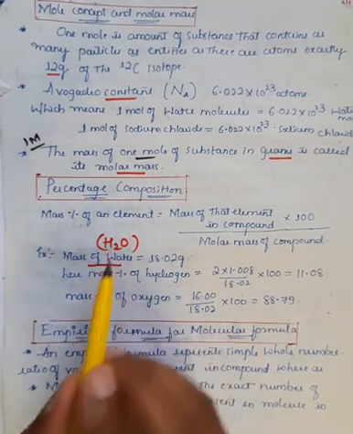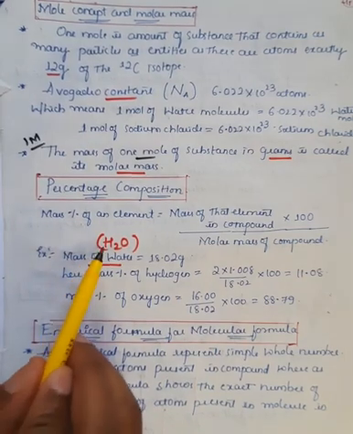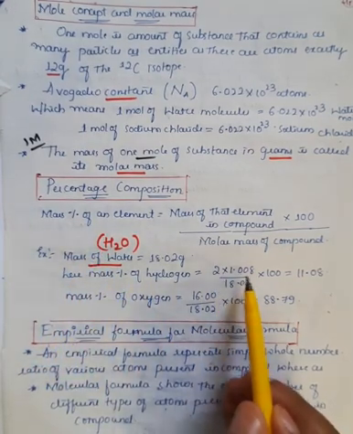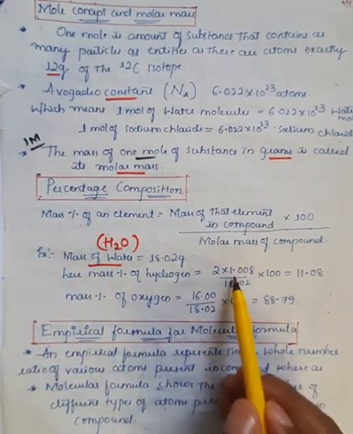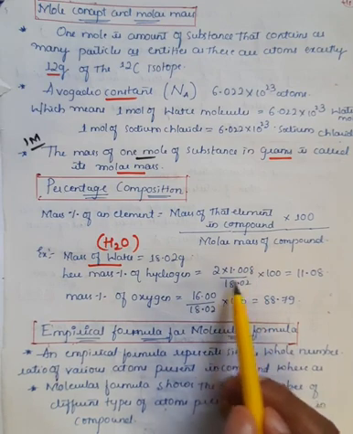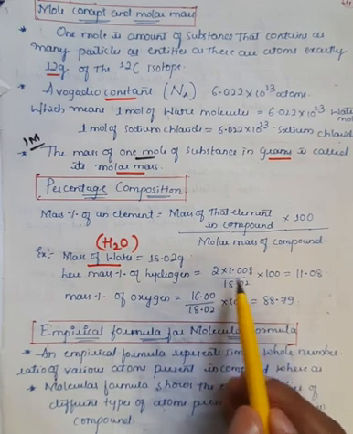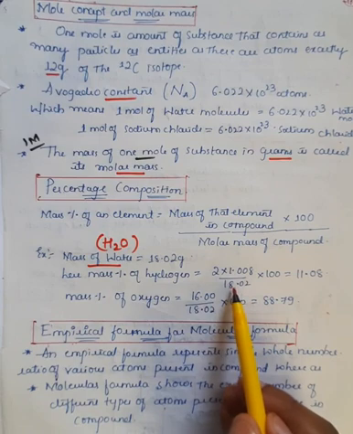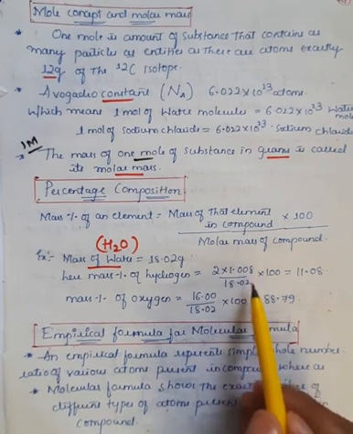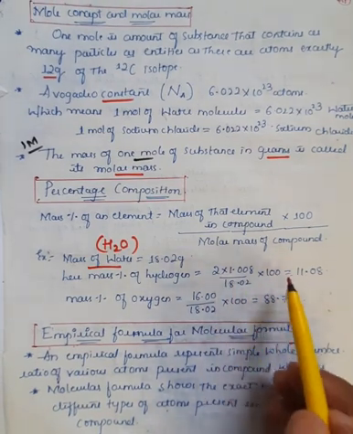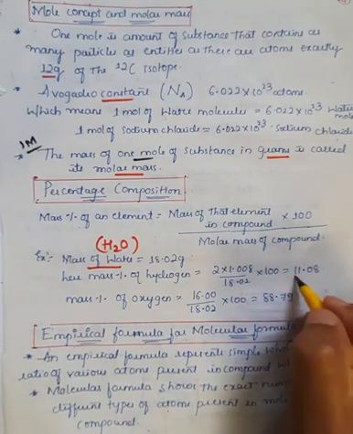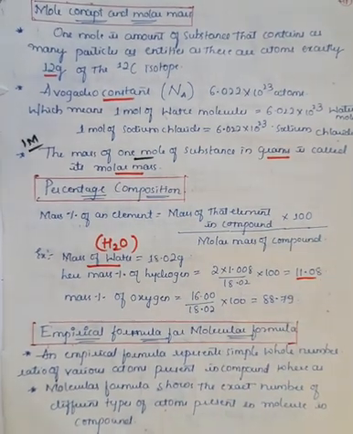Therefore, the mass percentage of hydrogen: how many hydrogens are there? 2 hydrogens are there, so the total weight of hydrogen will be 2 into 1.008, divided by the weight of the molecule, 18.02, into 100. The overall value will be 11.08.